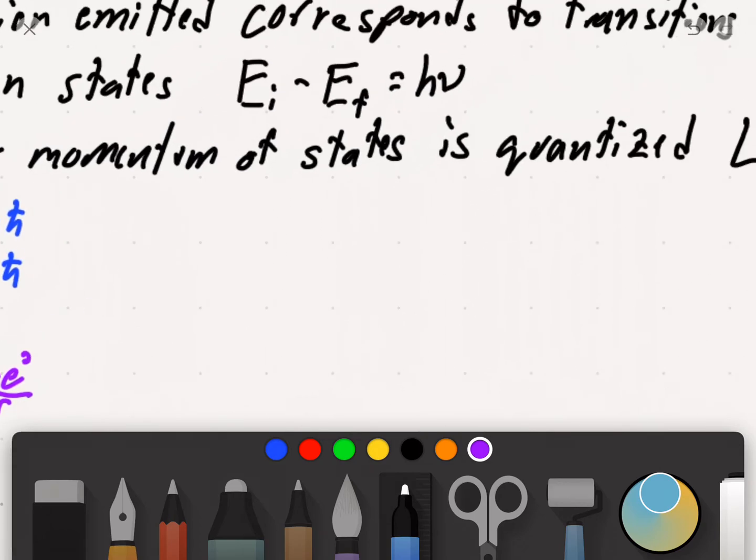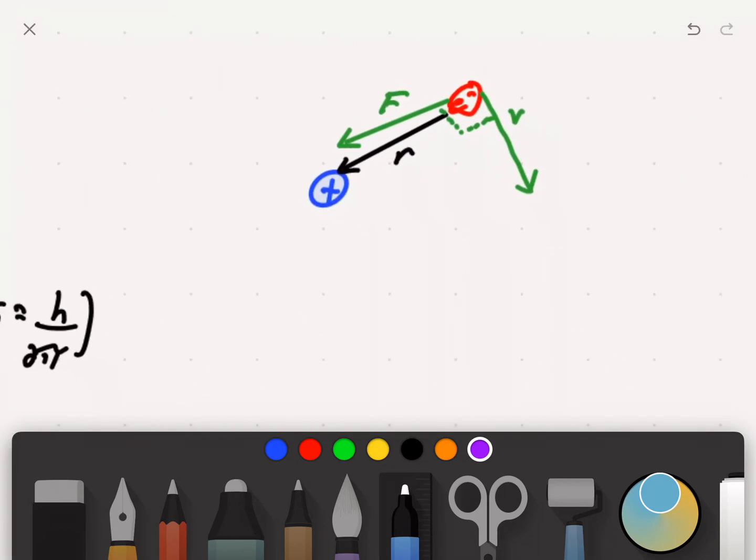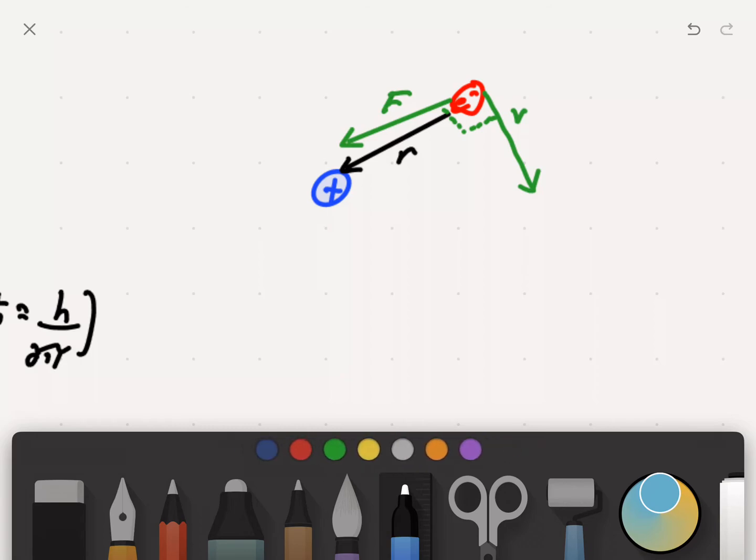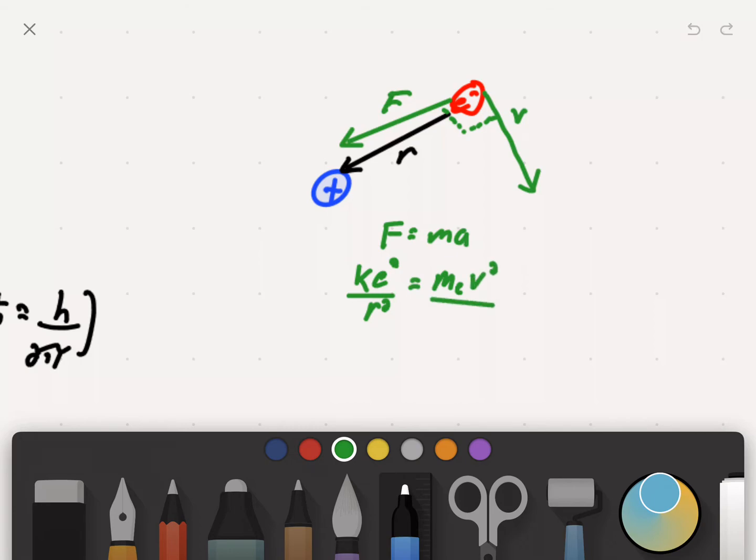Now, if we go back up here, we can say this is in a stable orbit, so we have F equals ma. We're talking about a centripetal force, so the Coulomb force, k e squared over r squared, is going to be equal to the centripetal force, which is the mass of the electron times its velocity squared over r.